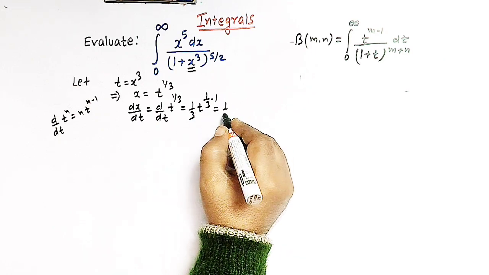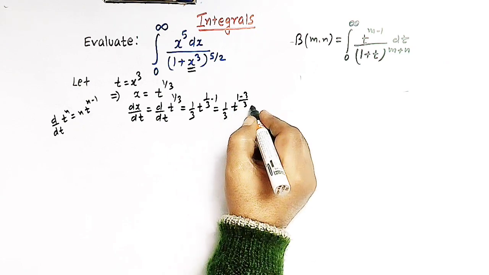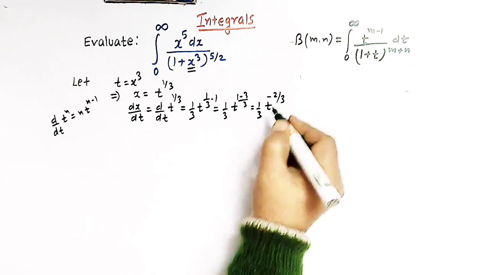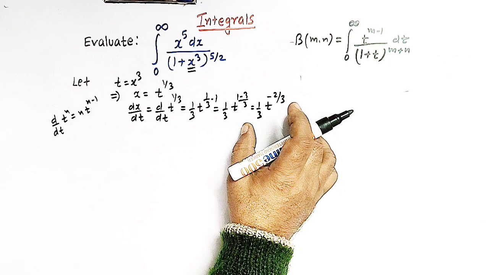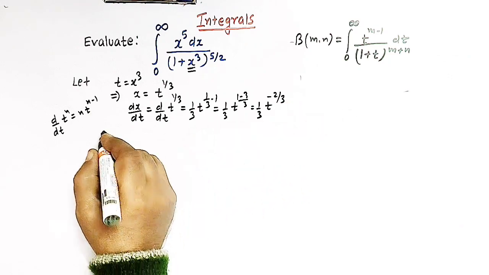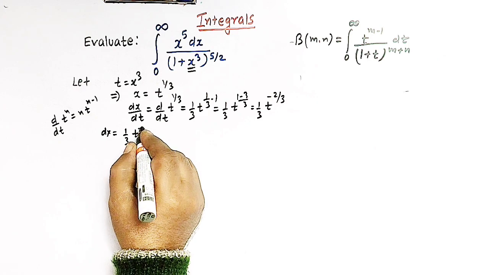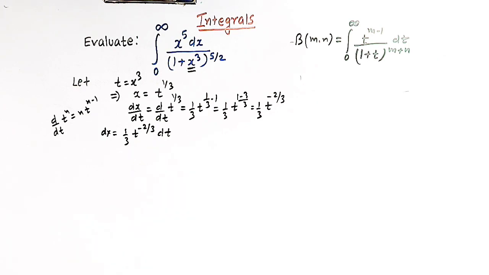So this is 1 over 3 t raised to 1 minus 3 over 3, that is 1 over 3 t raised to minus 2 over 3. So now dx over dt is equal to this expression. So now we can write dx is equal to 1 over 3 t raised to minus 2 over 3 dt.